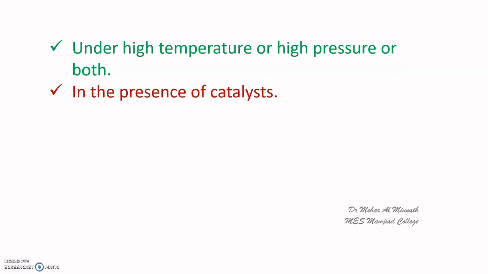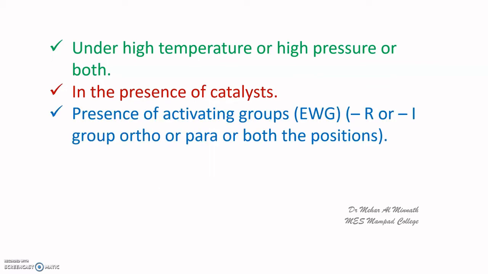Or you introduce a catalyst into the reaction pot, or you introduce an activating group, particularly an electron withdrawing group, ortho or para to the leaving group. When that is done, the substrate will undergo nucleophilic substitution very easily.